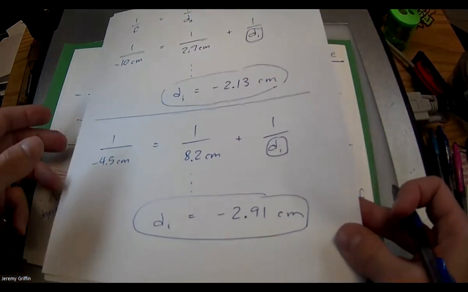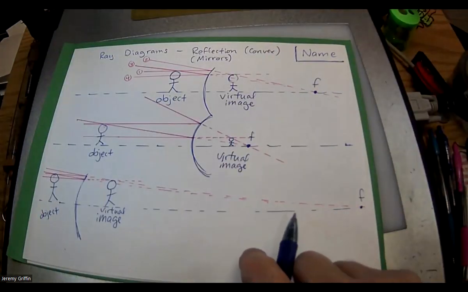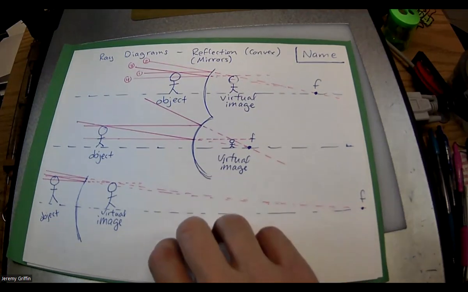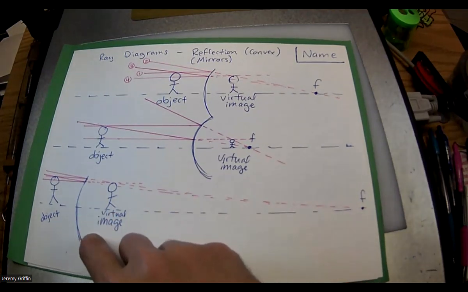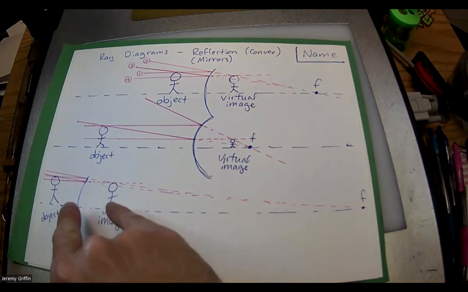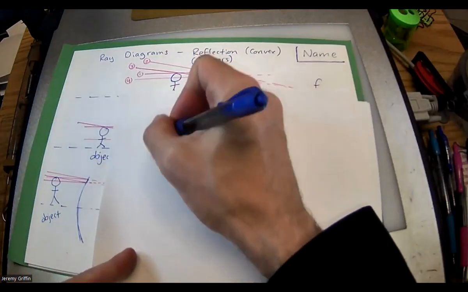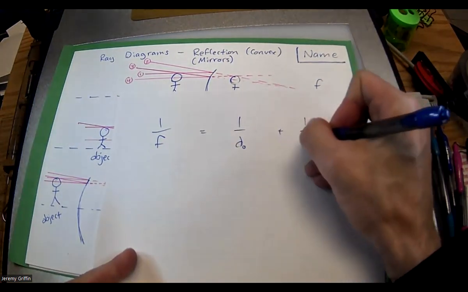That's good. Okay, and then what about for this third one? Now for this third one, for the math, I actually will pretend that it's a plane mirror because it's pretty close to that, right? And I kind of want to make this point about what the plane would be. So how are the numbers going to be then, right? 1 over focal distance is 1 over distance object plus 1 over distance image.